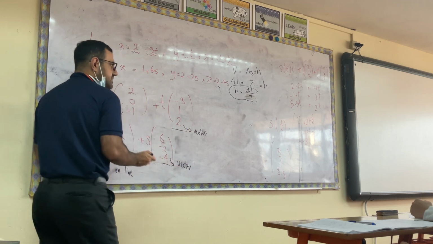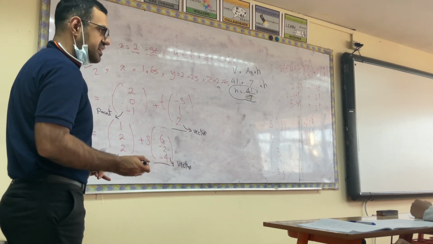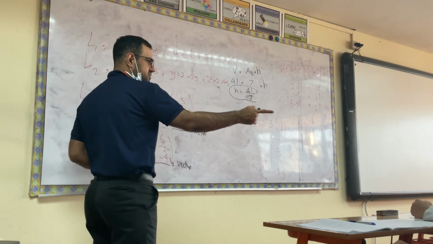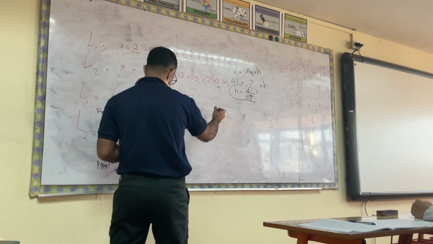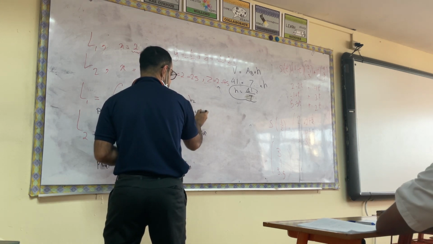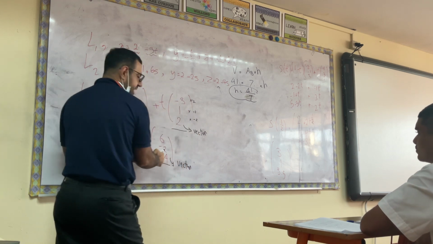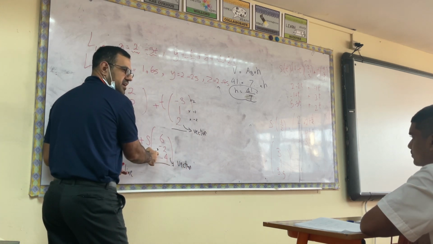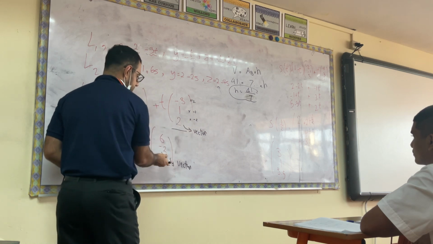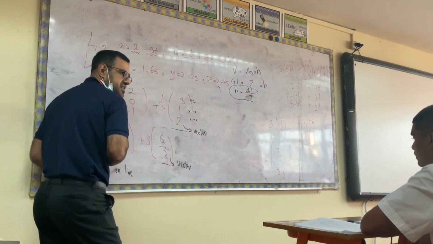If they are scalar multiples, they are parallel to each other. So for example, if you multiply every component here by -2, we get this one again: -2 times -3 is 6, -2 times 1 is -2, -2 times 2 is -4.